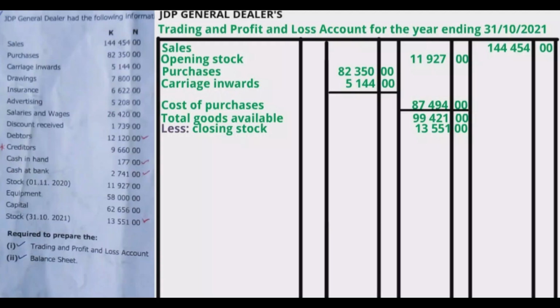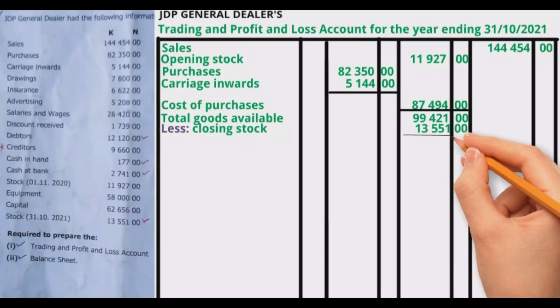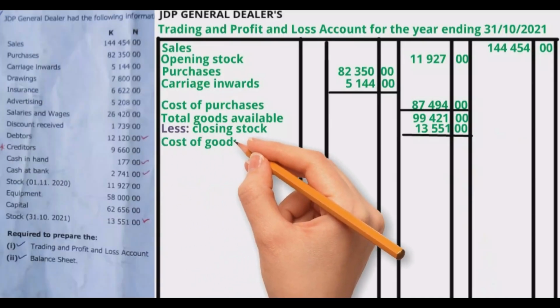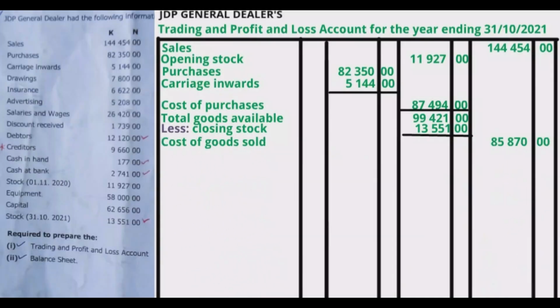Then we write less closing stock, which is the one at the end, 31 October 2021, which is 13,551. When we subtract that, it gives us 85,870 kwacha, the cost of goods sold.